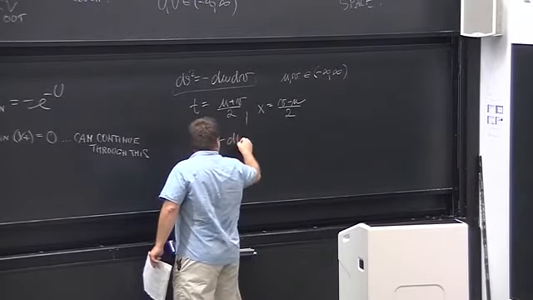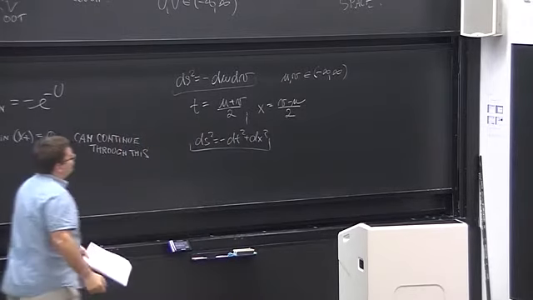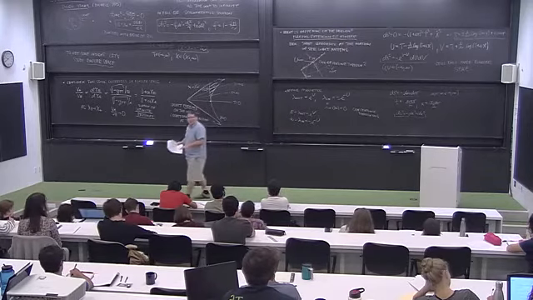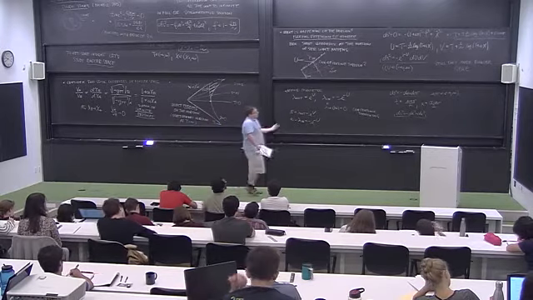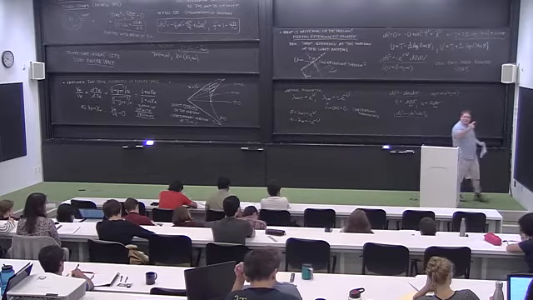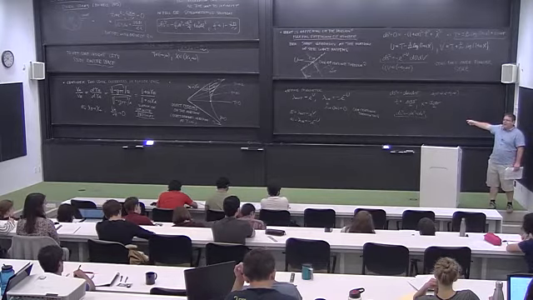ds squared is minus dt squared plus dx squared. So v and u are just the light cone coordinates you used in your tutorial some time ago. They parameterize the null geodesics in Minkowski space, the radial geodesics of minus dt squared plus dx squared.